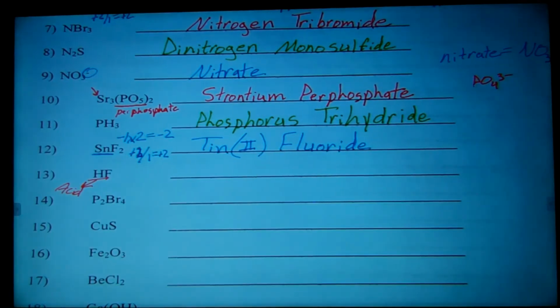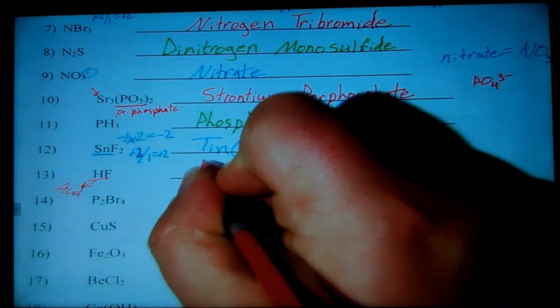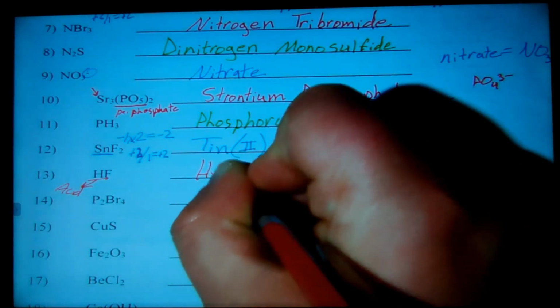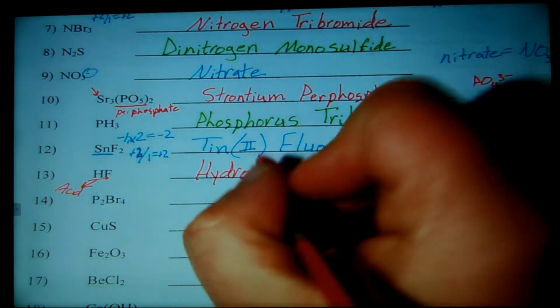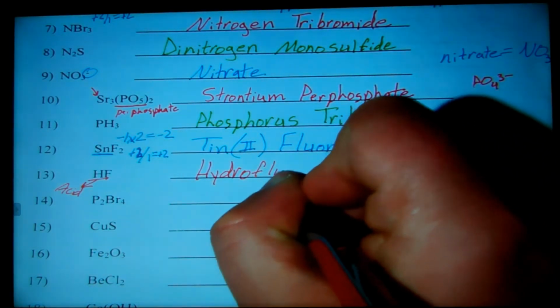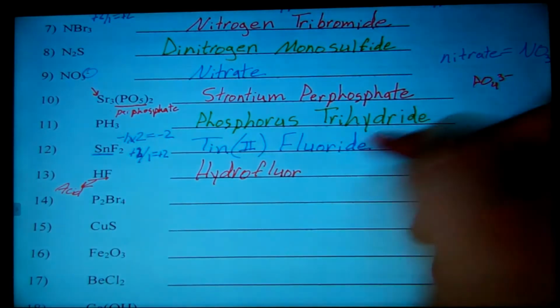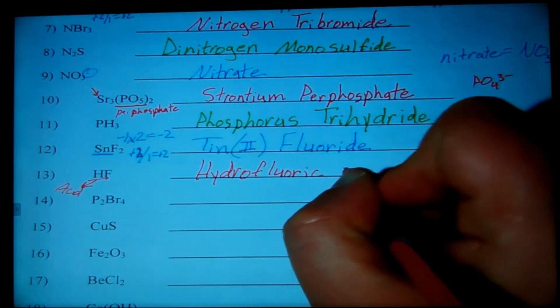In this case, is it binary or oxyacid? There are only two elements present, so it's binary. So we're going to put hydro, because hydro is used for binary acids. Then we're going to put the root, fluor, acid.